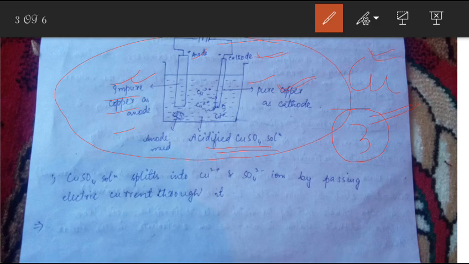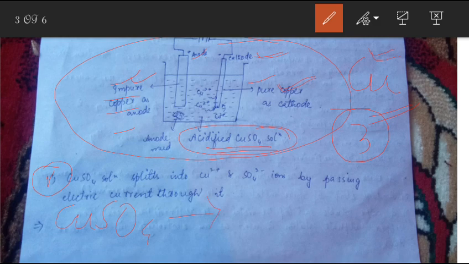So I will show you step by step how the reactions will take place. At first I will discuss the reaction that will take place in the electrolytic tank in the acidified copper sulfate solution. When electricity is passed through this solution, splitting of copper sulfate solution will take place. For instance, this is copper sulfate solution.